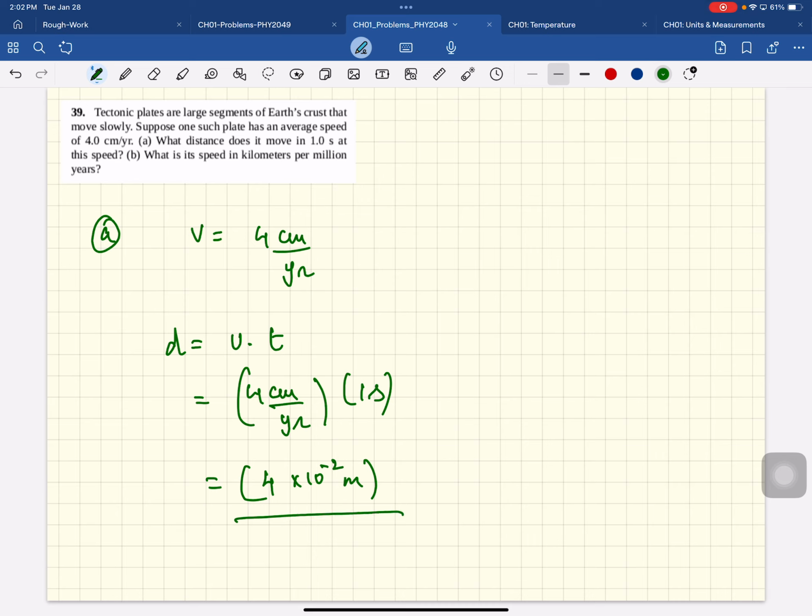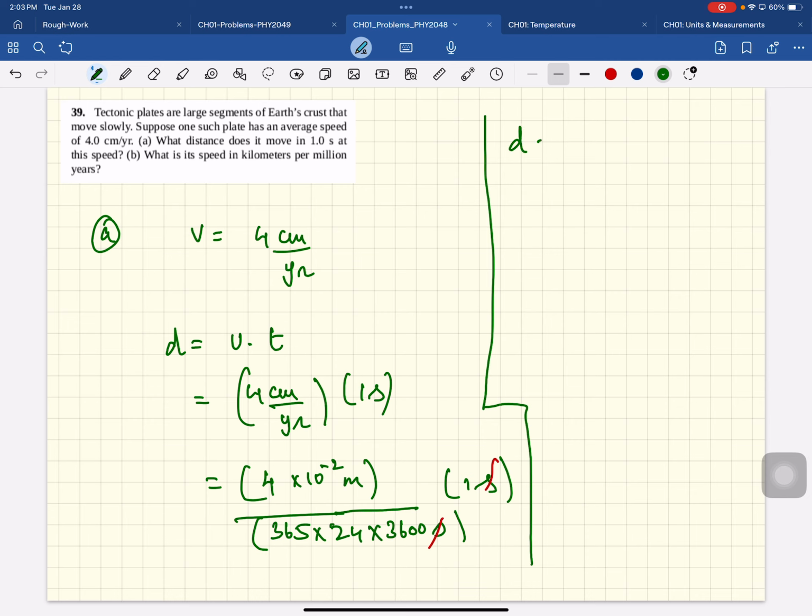And 1 year is 365 days, 24 hours. And each hour is 3,600 seconds. Okay, so that's how many meters the plate will move in 1 second.